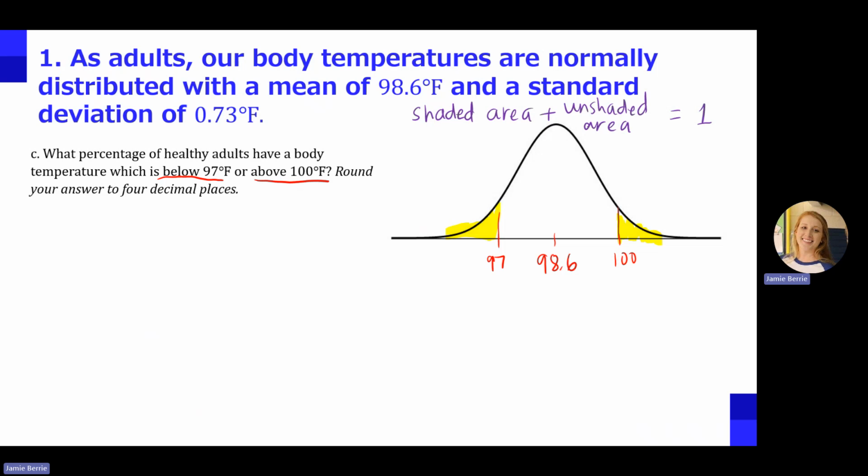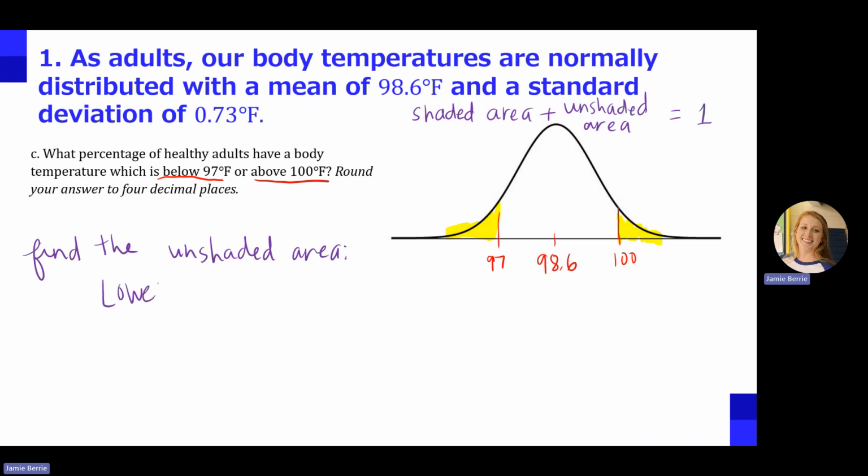So instead of finding the shaded area, we're going to find the unshaded area, this middle part, and then subtract that from 1. All right, so let's do that. We're going to find the unshaded area, the area in between 97 and 100.